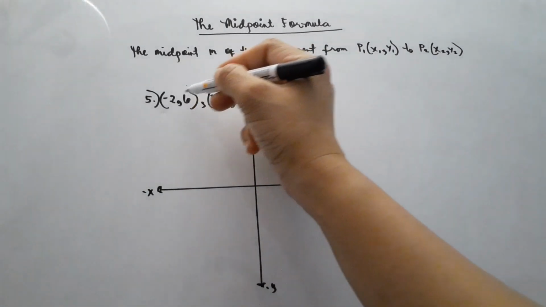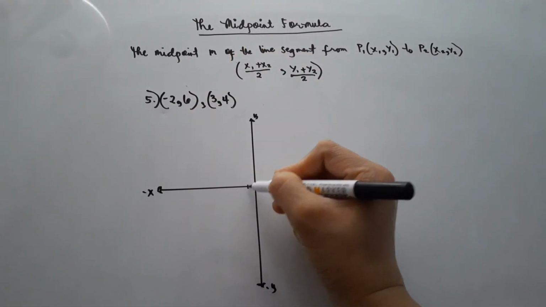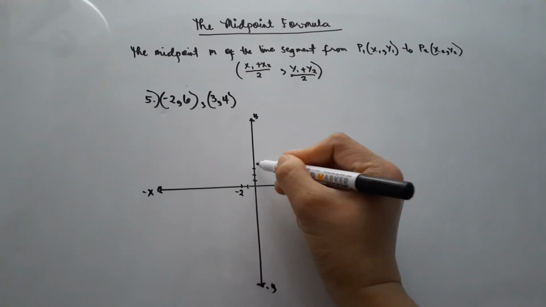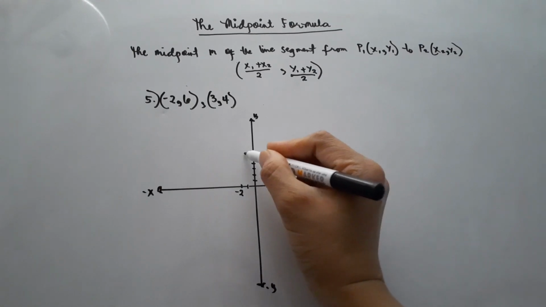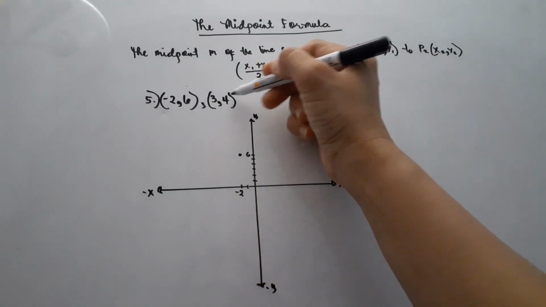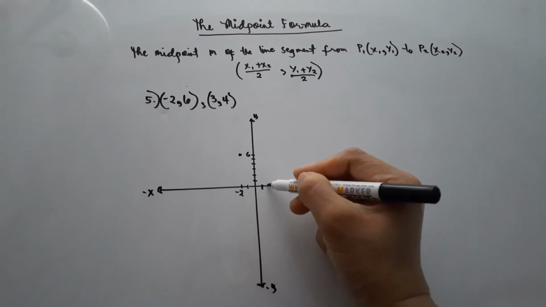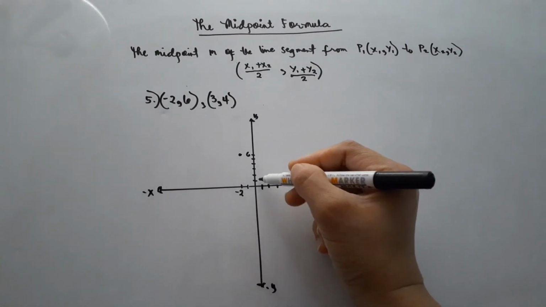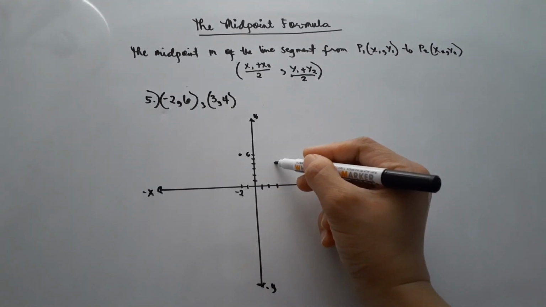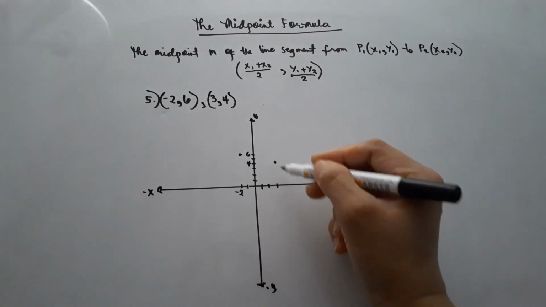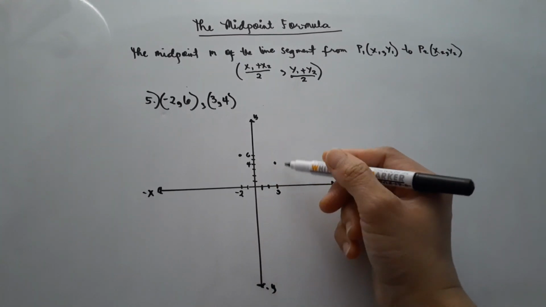And then we can locate its vertices from the origin. So we have to count negative 2 going upward to positive 6. So we can put the dot here for point 1, and for point 2 we have positive 3 going upward to positive 4. So we have positive 4 here. And then we connect each point.